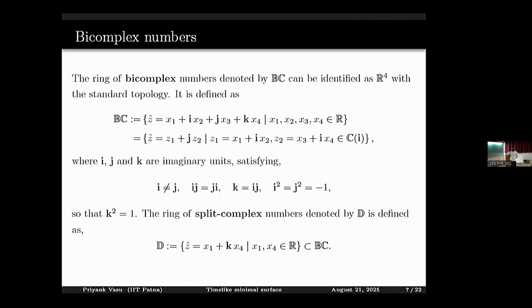So they are different from quaternions, and here the name bicomplex appears; the second representation can be seen. Now in the bicomplex numbers, the split complex numbers appear as the first coordinate and the fourth coordinate, where k appears. So the split complex numbers are already sitting inside the bicomplex numbers.